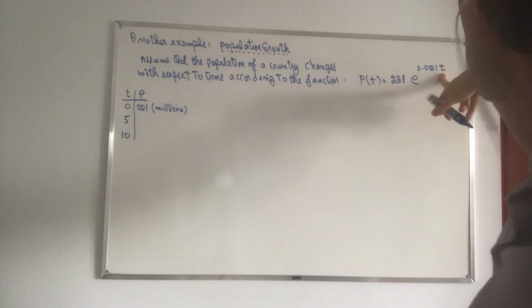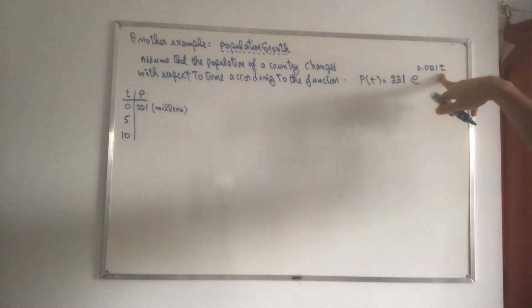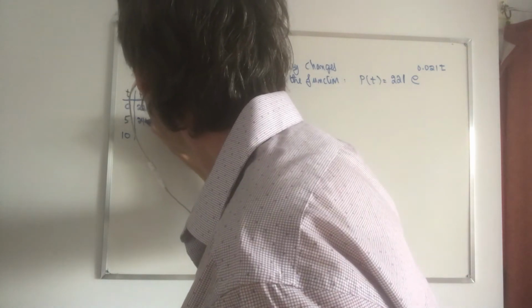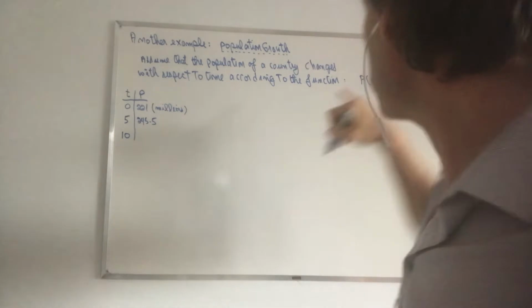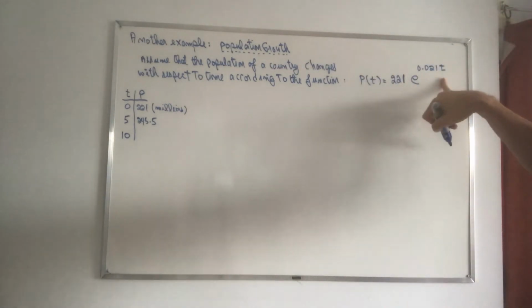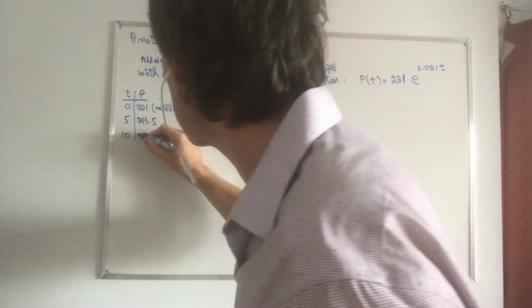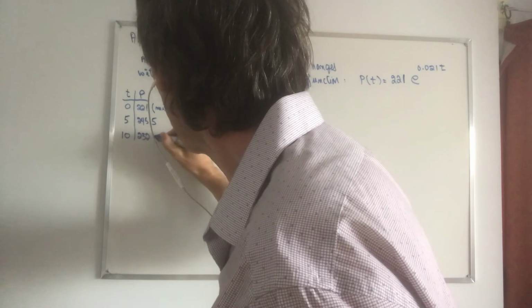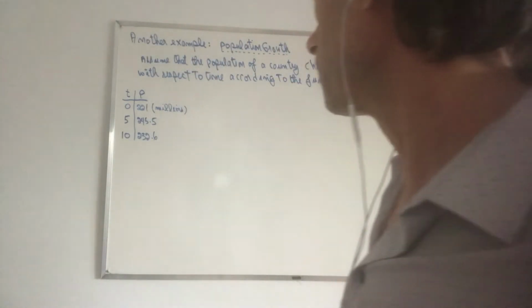So we need to put 5 into here, and if we do so, we get 245.5. Remember, these are millions. And if I put 10 into here, I get something like 232.6 million.